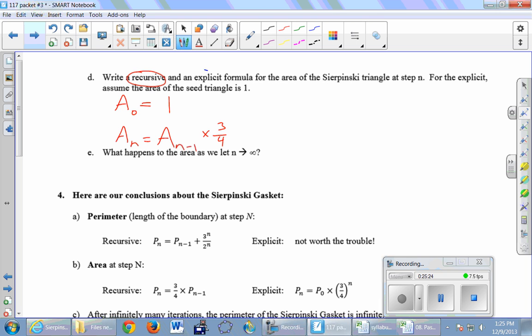Okay, and then in blue here, we'll do our explicit. A sub n equals. The idea here is that we are multiplying by the same amount every time. Multiplying by 3/4 every time. So we had two kinds of sequences that we really studied a few weeks back. We had sequences where we kept adding the same number every time, like in that trash example where we added 5 tons of waste every year, or examples where we multiply by the same number every time.